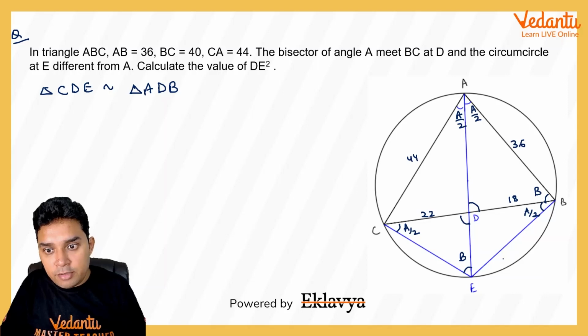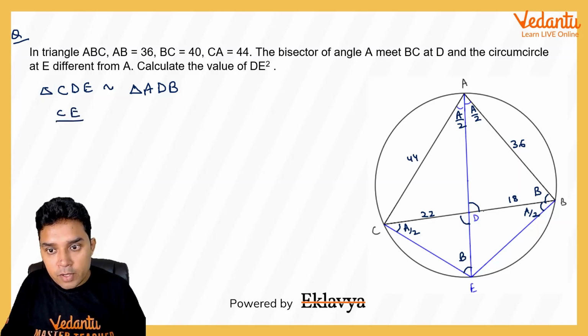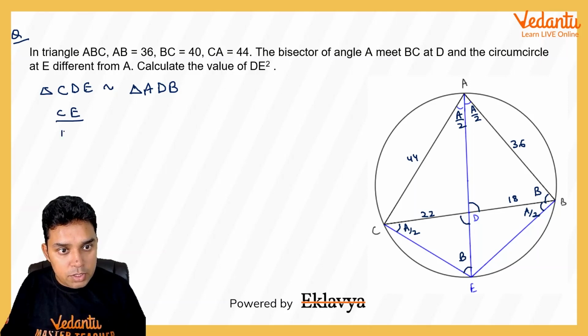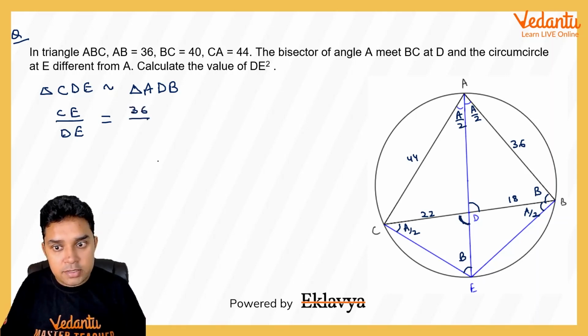Now what we can see from here is, if we compare the corresponding sides, I'll take the ratio of CE with DE. CE is opposite to this angle, and corresponding to this angle in that other triangle we have length 36, whereas DE was opposite to A by 2, and here opposite to A by 2 we have 18, so we get this to be 2.